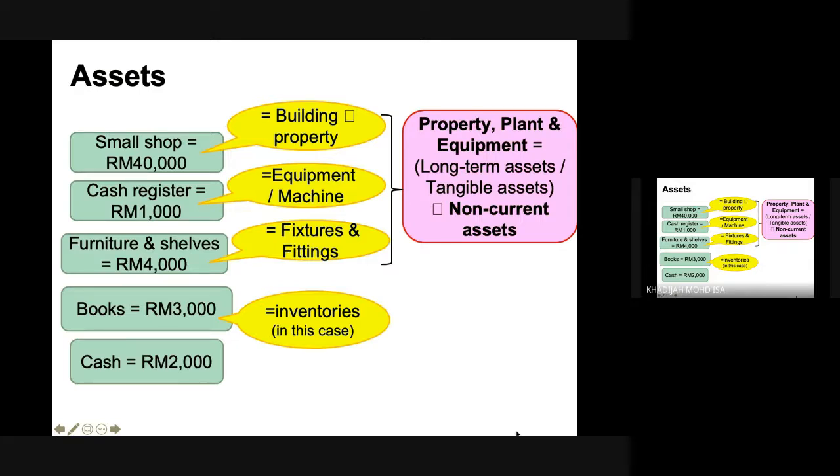So if it's a clothing shop, then clothes are your inventories. If it's a car dealer, the cars are your inventory. It depends on the nature of the business. In this case, it's a bookshop, so books are their inventories.